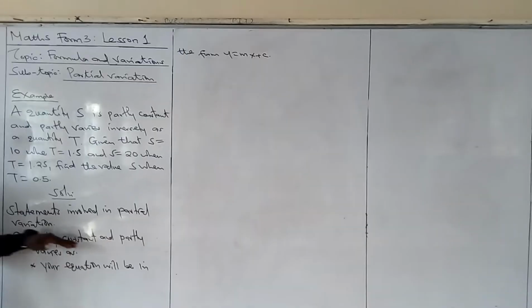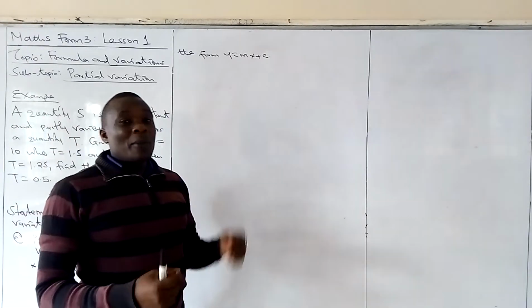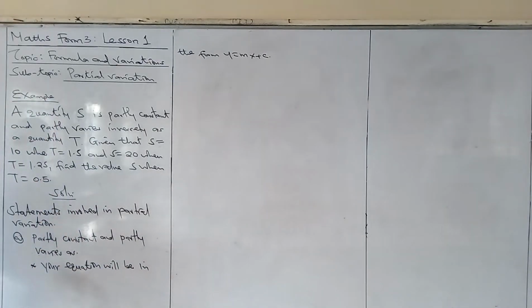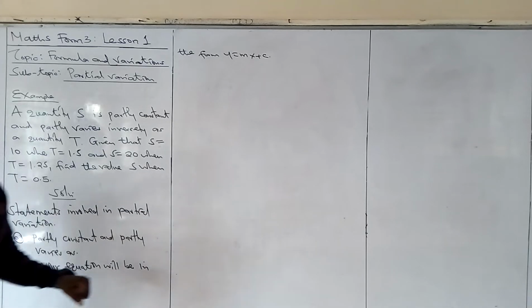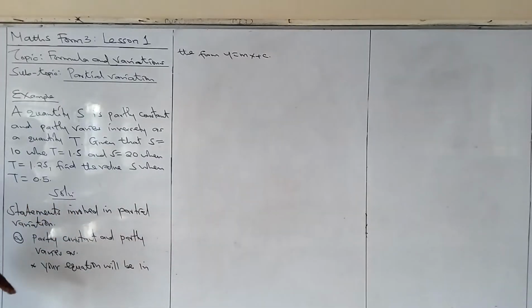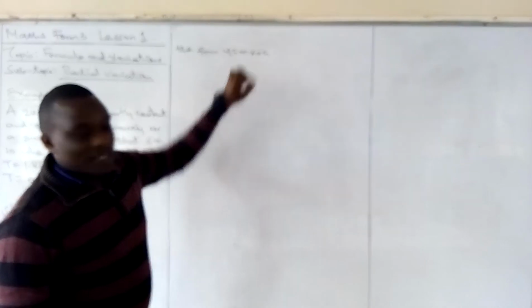That's what it means. The part constant statement will give you the constant c. So it means you will come up with a constant with no variable. The other statement, part varies as, means you will come up with another constant which will be for the variable indicated after the word as, in the form of mx.